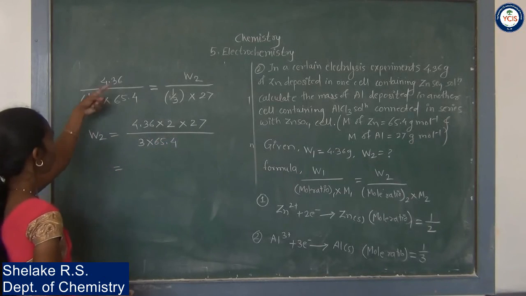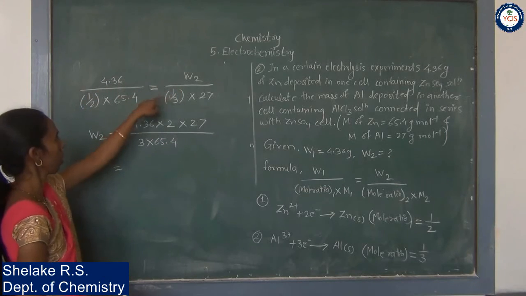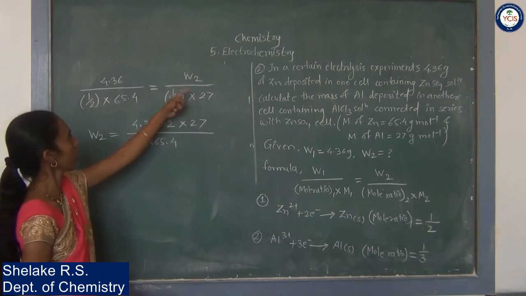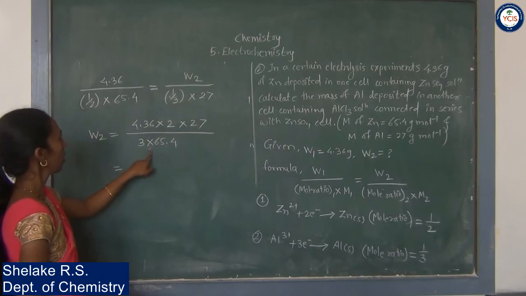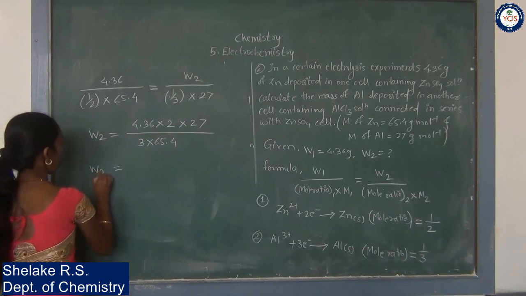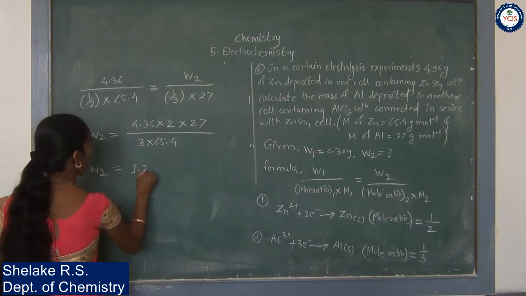See here, this 2 will go in the numerator, this 3 also goes in the numerator. By cross multiplication you will get W2 equal to 4.36 into 2 into 27 divided by 3 into 65.4. Now after simplifying you will get the final answer as 1.2 gram.